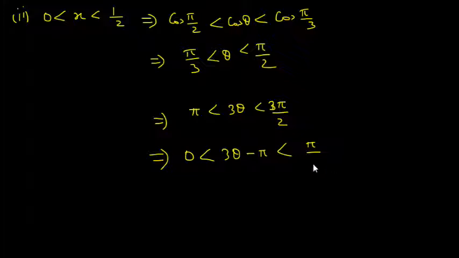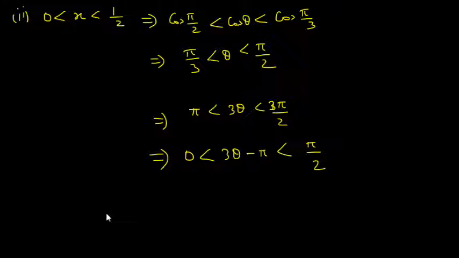What we have done here, we have subtracted pi from the whole equation. So pi minus pi is 0, and 3 pi by 2 minus pi is pi by 2.